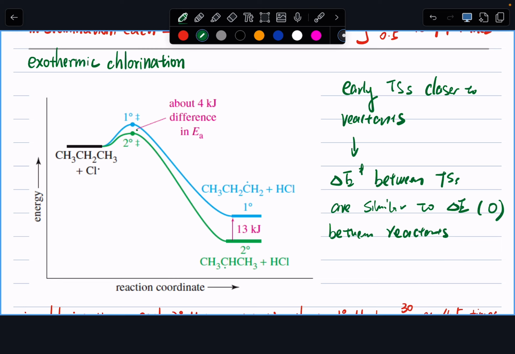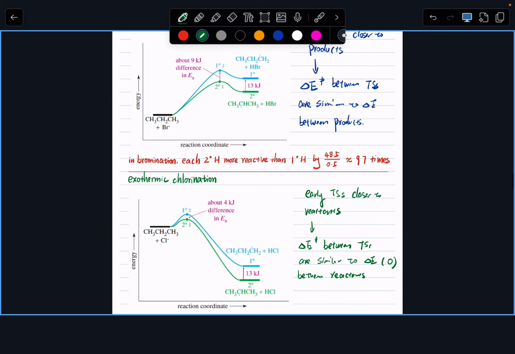All right, so taking them side by side, now what do we have? We now have a clear picture into the effect of kinetics, or the position of transition state, on the overall selectivity. My bromination has a later transition state, much more similar to the product, and hence bromination is a more selective reaction.